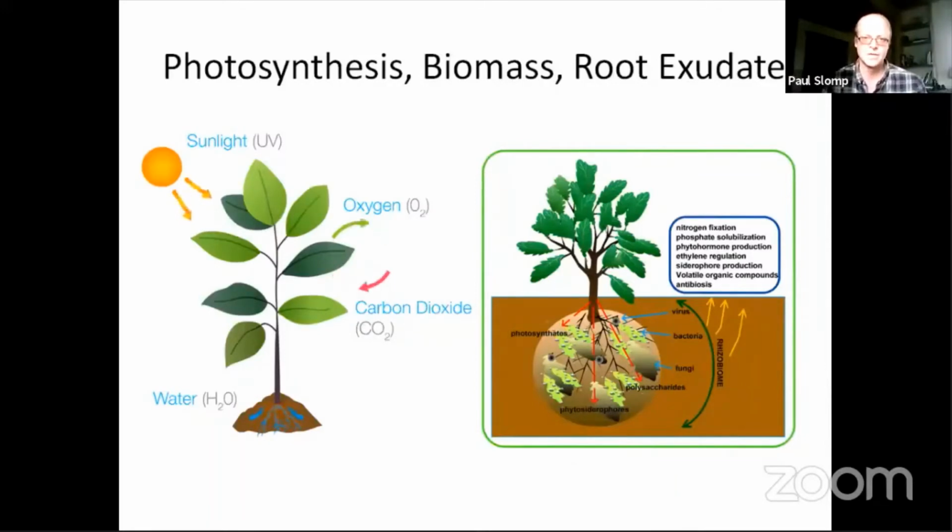And then a very interesting function as well is they actually create this root exudate, which is basically like a liquid sugar that the plant roots release into the soil to feed these microbes to go get them nutrients that the plant can't access themselves. And so what we see is that carbon is really the currency of the soil.